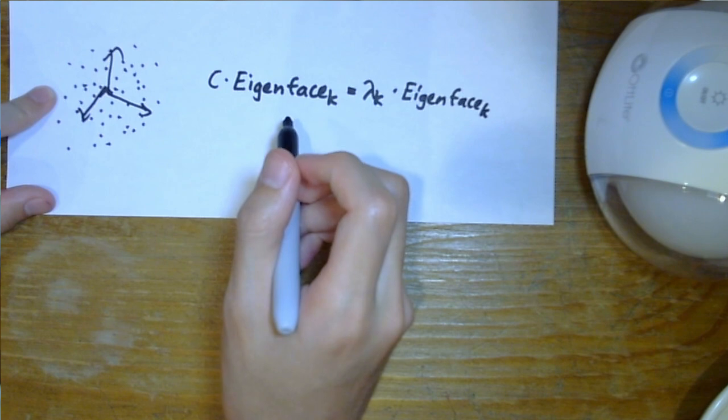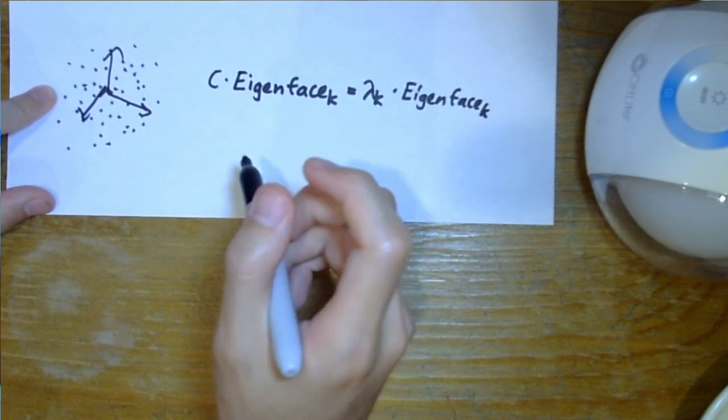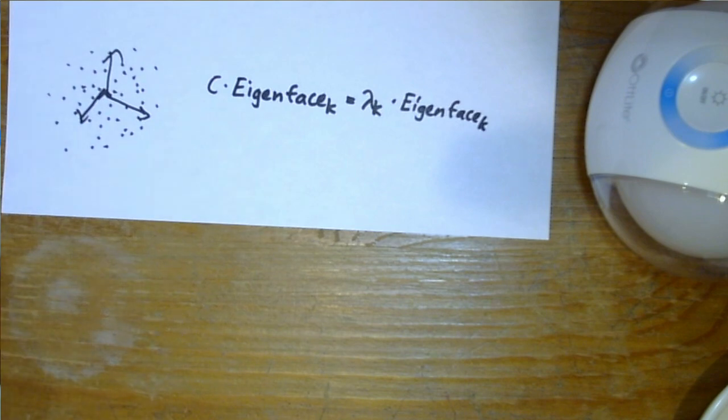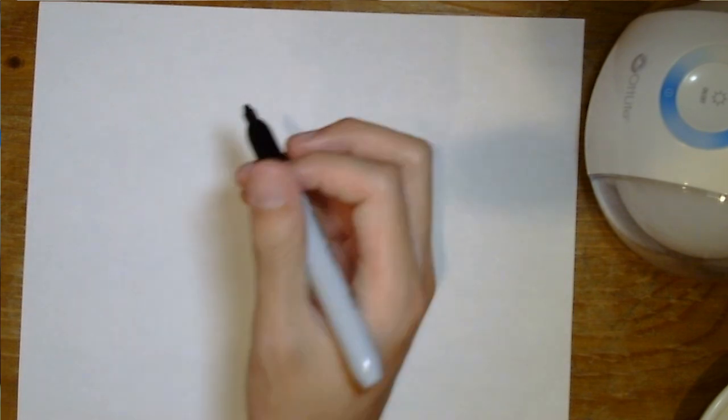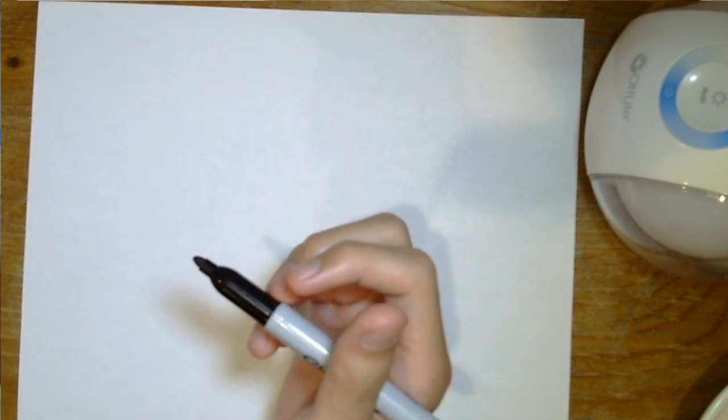So we can describe any face using our 76 faces in the dataset. So that's very interesting. Finally, let's see what happens when we input a face vector into the algorithm and how we use these eigenfaces to recognize what face that is most likely to be.